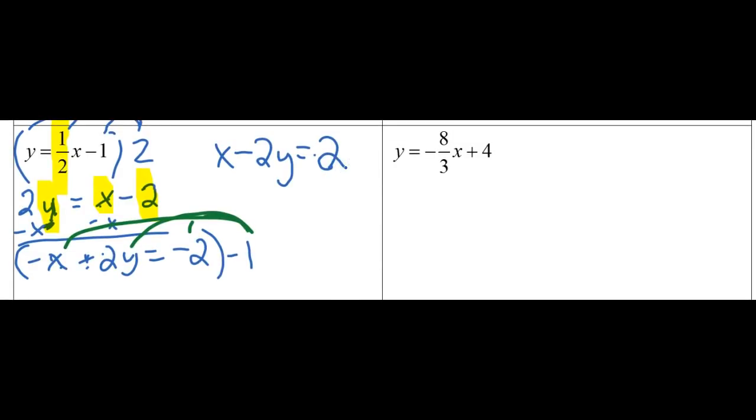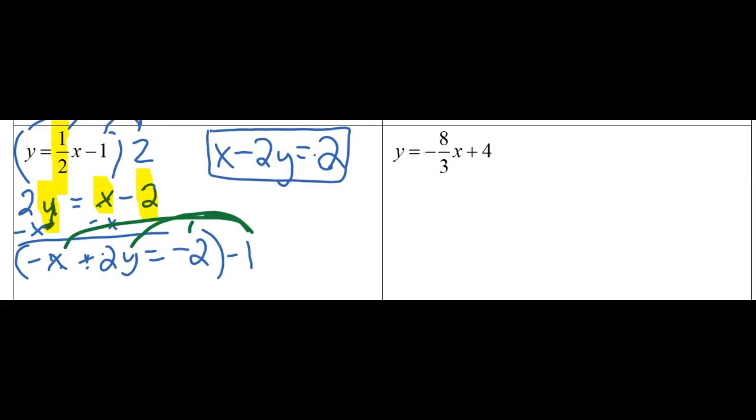All right, so now I can double check to make sure my equation is in standard form. I have no fractions from a, b, or c. I have it in order. The x term comes first, the y term comes second, and the constant is by itself on the right side of the equation. And my a term is now positive. So this is now in standard form.